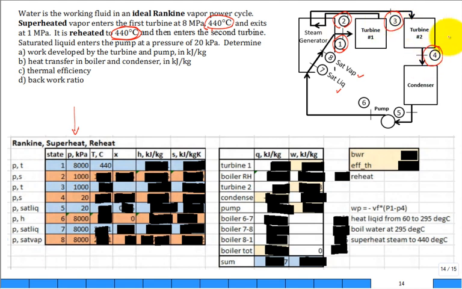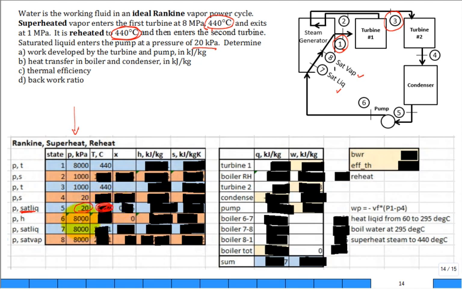Which one? 3. That's exactly right. So T3 is given. Let's continue to read. It's saturated liquid at 20 kilopascal. Okay. If I just focus on the temperatures, if I am given that it's saturated liquid at 20 kilopascal, how can I find this temperature right here?